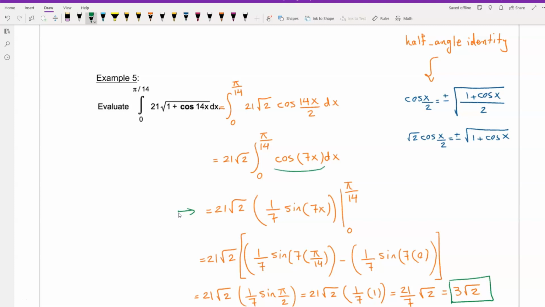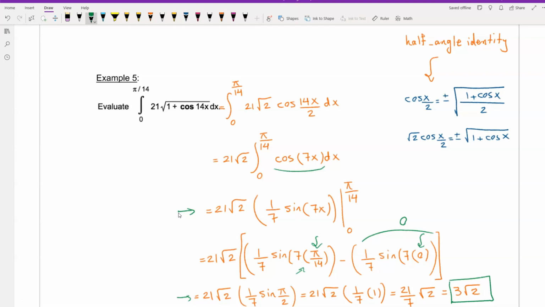Integrate this part, that is 1 over 7 sine 7x, and this is from 0 to pi over 14. So now use pi over 14 instead of x, and then use 0 instead of x. So what you're going to have is 21 square root of 2 times 1 over 7 sine, I simplified this part, so that is pi over 2, and this part here we have 7 times 0, so that is 0, sine 0 is 0, so this part is 0, and I didn't write that part again.